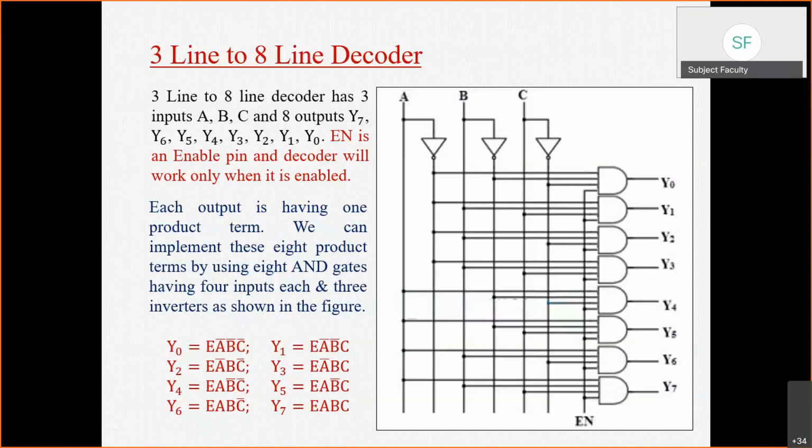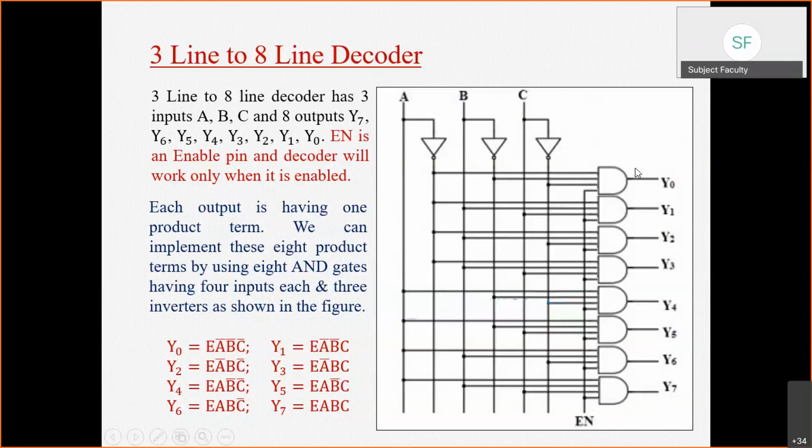Out of these 4, one is enable, which is common to all 8 AND gates, and the remaining 3 are our inputs A, B, and C. In this case, we have denoted our inputs as A, B, and C.